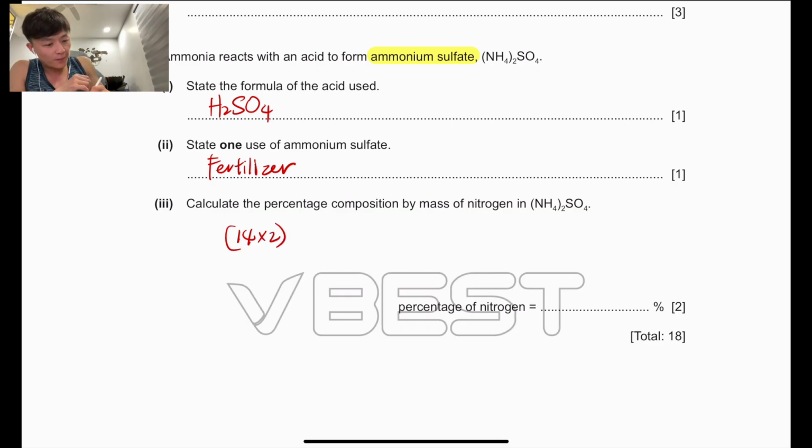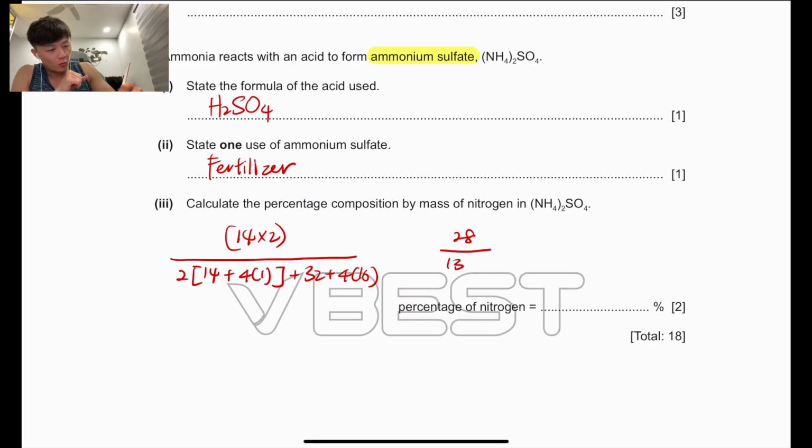So divide by the mass of this compound: 2 multiplied by 14 for nitrogen, then 4 hydrogen plus sulfur plus 4 oxygen. So eventually you get 28 divided by 132, multiply by 100%.